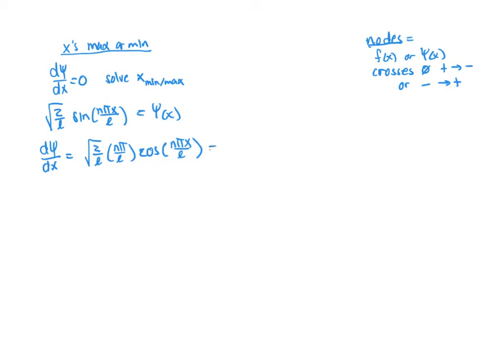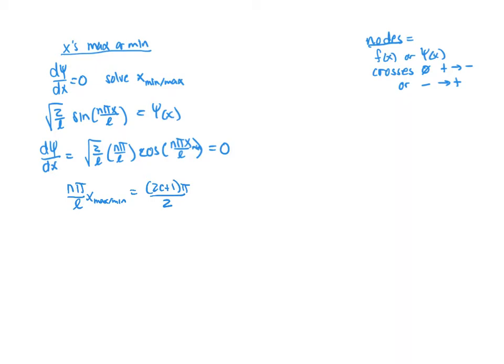We set this equal to 0, and that's going to give us our max and min values of x. These constants are never going to equal 0, so the only way this equals 0 is if the cosine equals 0. Cosine is 0 when the argument, in this case n pi over L times x max or min, is equal to an odd multiple of pi divided by 2. That's where cosine is always 0.